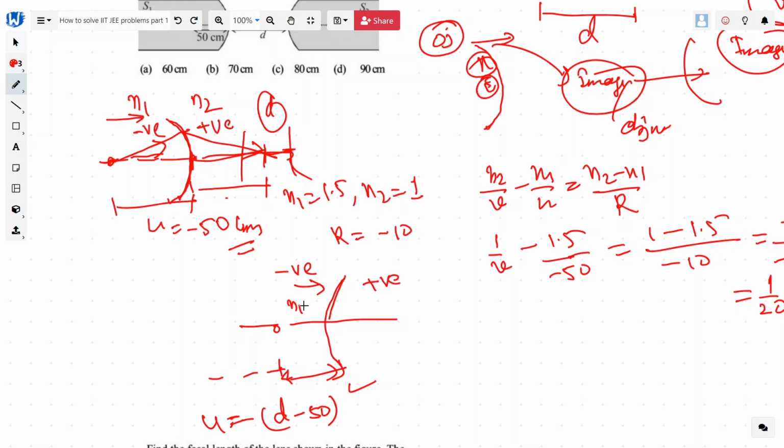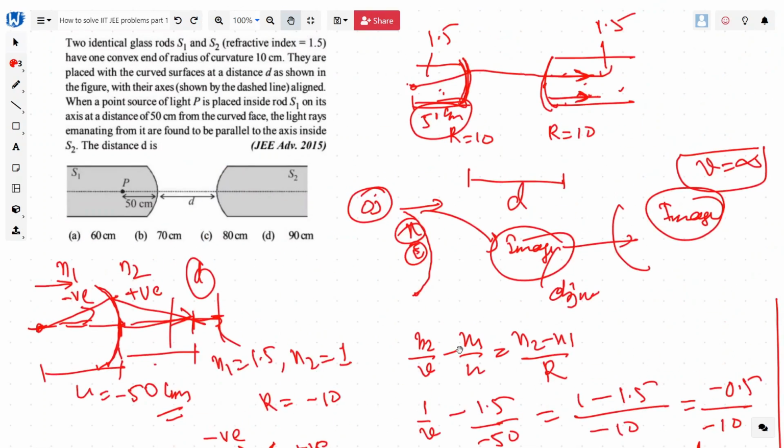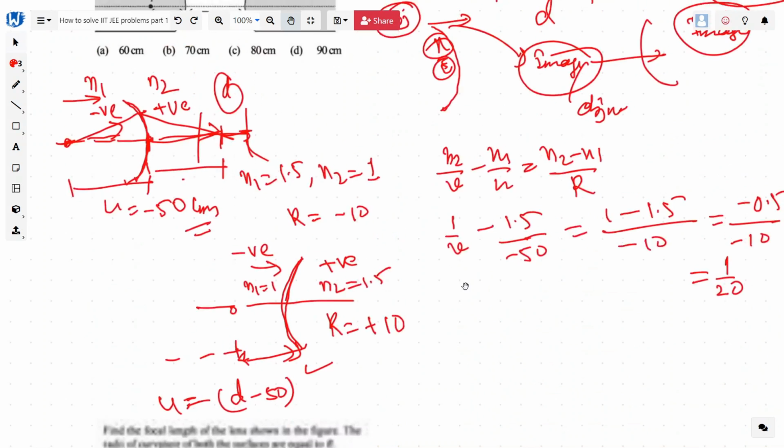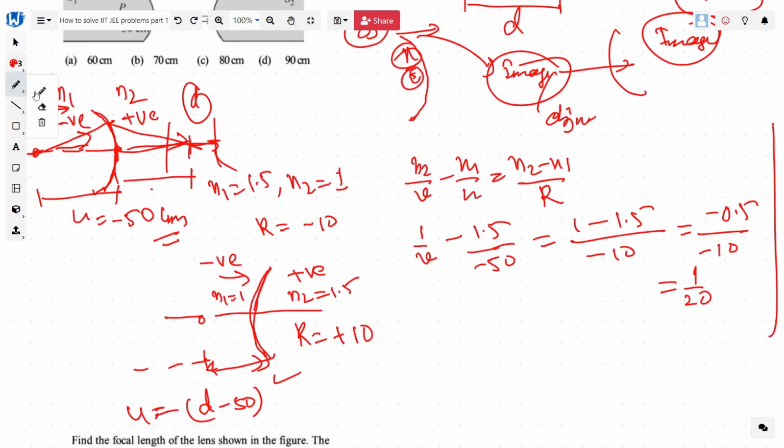Okay, so n1 is 1, n2 is 1.5, and now the radius is on the positive side, so R is going to be plus 10, right? What is given? Yeah, 10 centimeters, and this is going to be positive this side. Now we know that the ray of light is becoming parallel here, right? So the v is infinity.